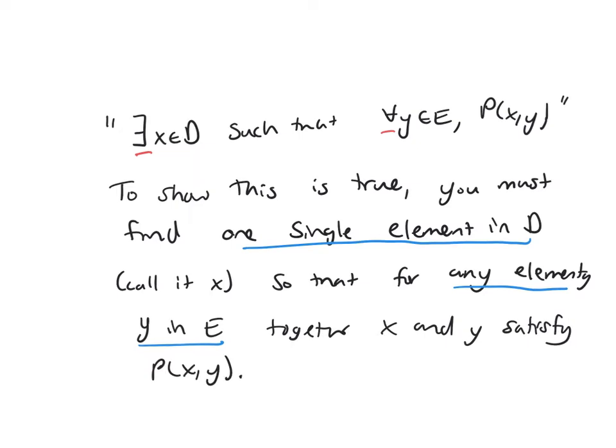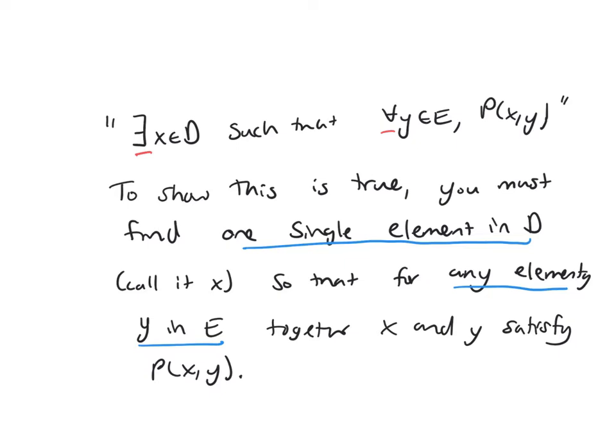So this is different from the last example we looked at, where the quantifiers were switched. Here you have to find one element for X that works for any element Y.